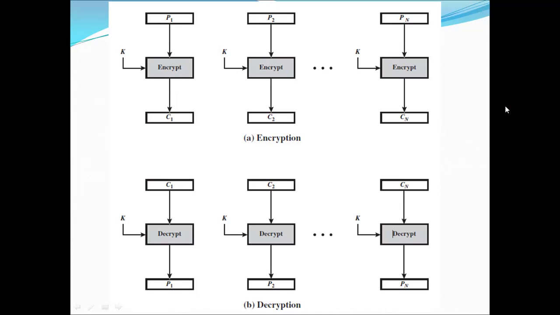Similarly, the decryption algorithm takes the ciphertext along with the same key as the input and produces the plain text block as output. This process is repeated until Cn and K are given as input to the decryption algorithm to produce the last plain text block Pn.